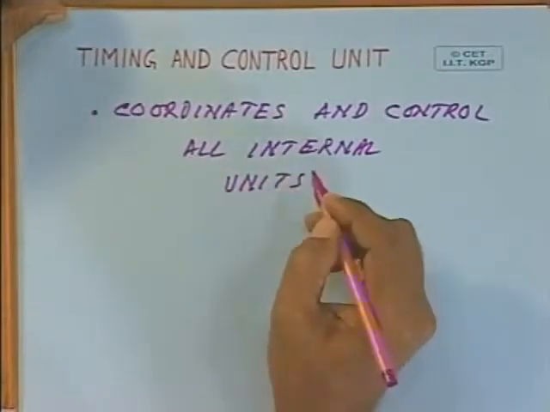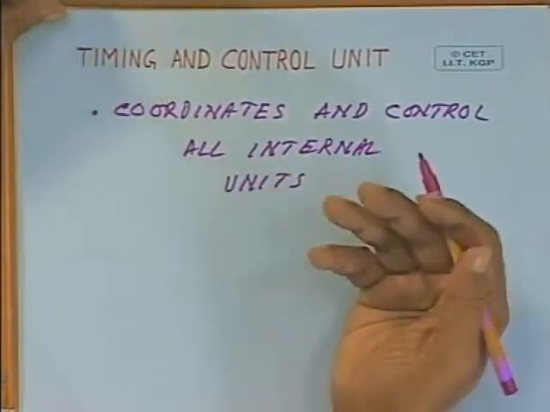What are those units? ALU, registers, all these are controlled by the timing and control unit. Not only that, timing and control unit also controls the external world. It receives some signal from the external world and also generates control signals.